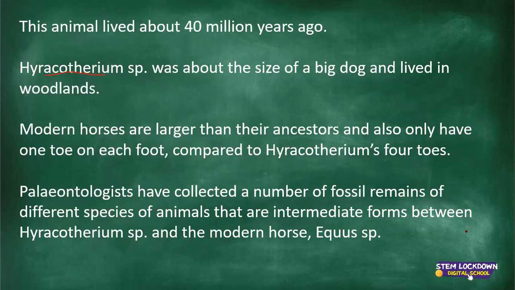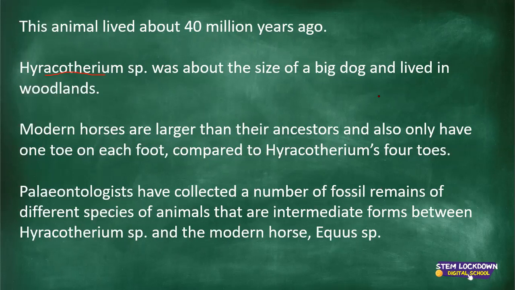So all horses we have today originated from this species. And this one, their ancestor, was about the size of a big dog. Now look at the present day horse. Compare it with a dog that you currently have. The biggest dog that you can see now, a big dog, is the ancestor of this modern day horse. Do you realize the differences there?